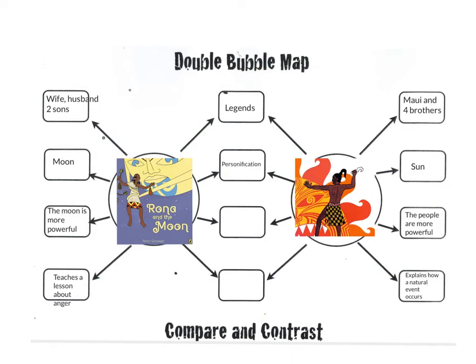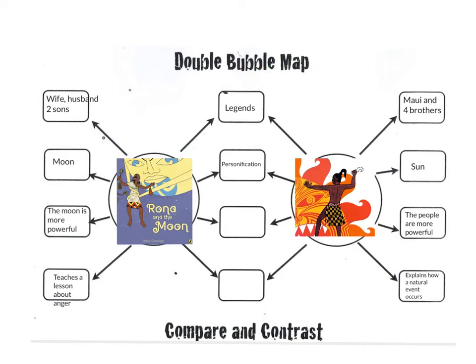Another similarity between both of the stories is they both have examples of personification. Personification is a big word that means that we give human abilities, human characteristics to things that aren't human. So for example, the moon in Rona and the Moon is given eyes and a nose and a mouth and arms, and it can lift Rona up.